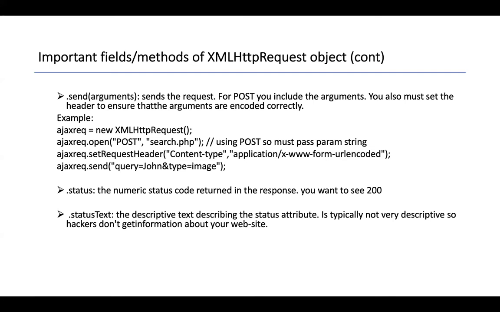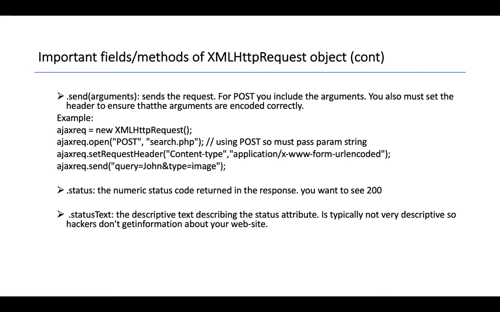This sets the request header to indicate essentially that you're sending a post method, and that has some implications for how the arguments get encoded. So always, if you're doing a post method, make sure that you set this request header and basically just copy and paste this line. And then the send with the query string.